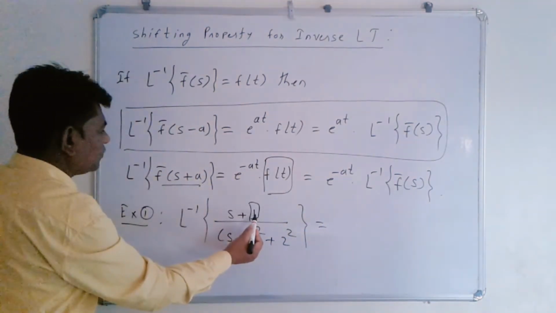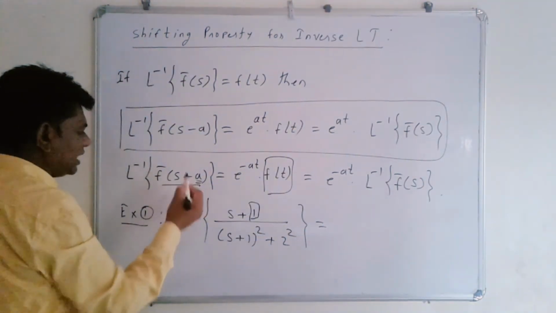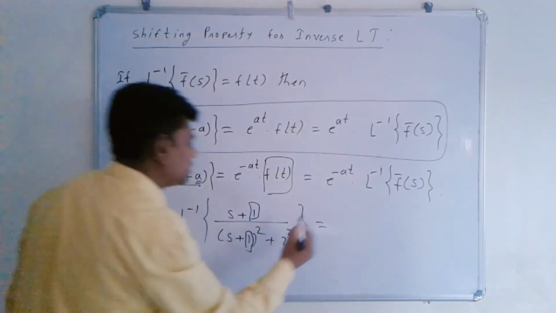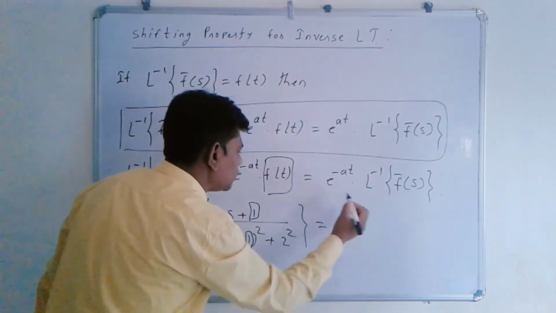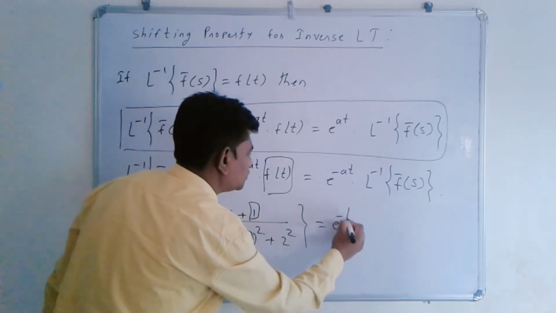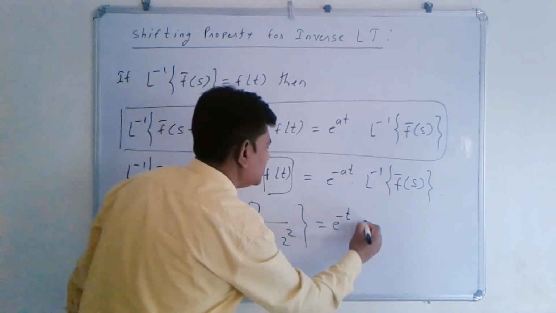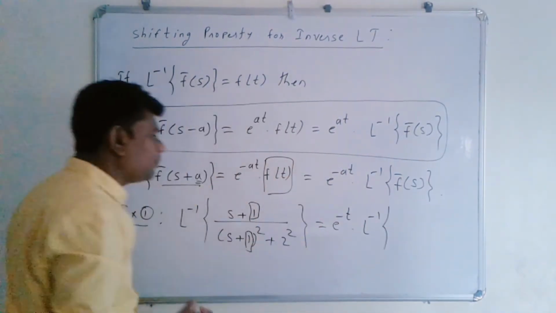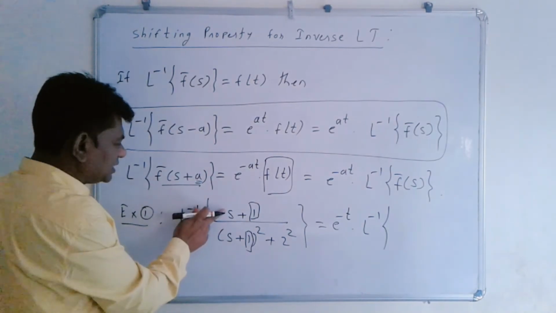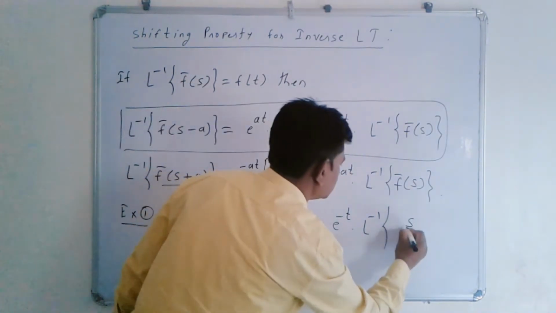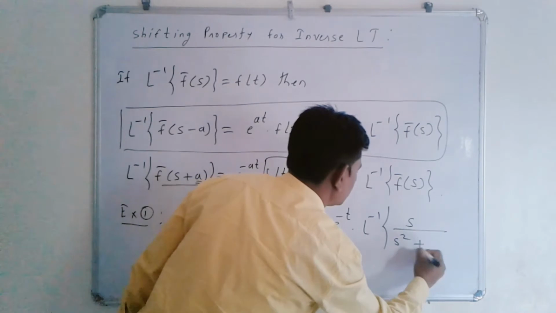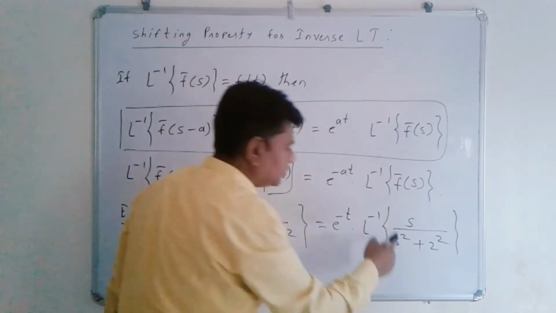Here this 1 be the a, therefore this is equal to e to the power minus t times L inverse of f bar s. Now f bar s be the s upon s square plus 2 square.